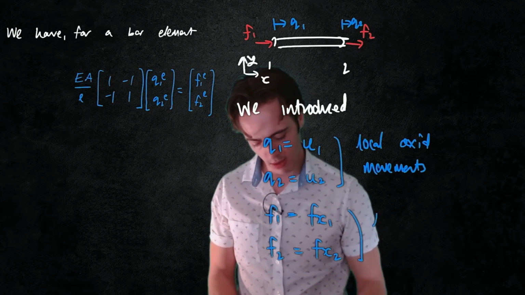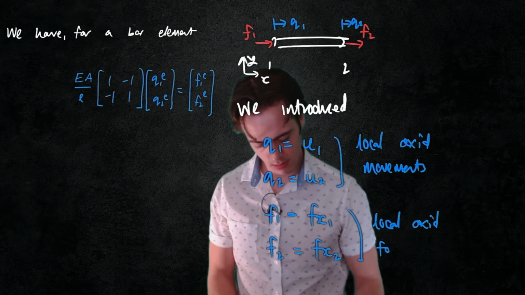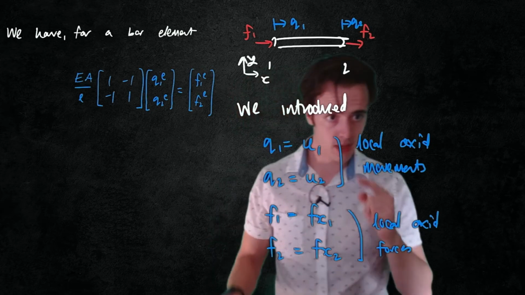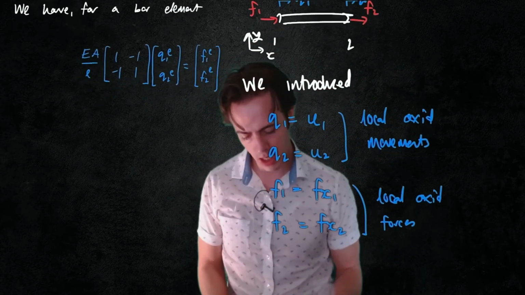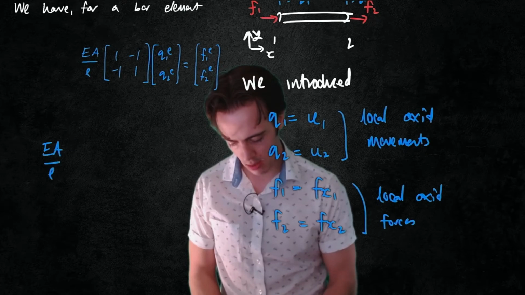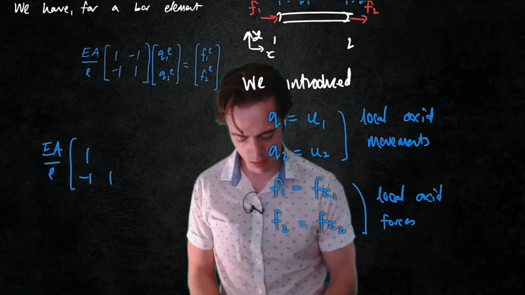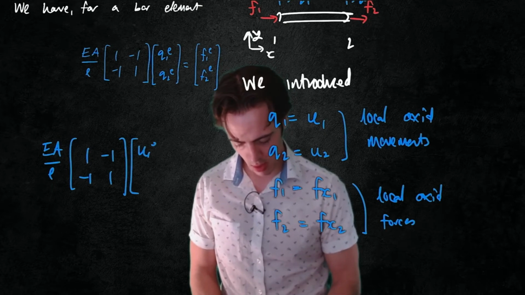These are local axial forces. So we could take what we started out with for spring elements, put this substitution in here, and we can rewrite this as EA on L, [1, 1; minus 1, minus 1], u1 for this element, u2 for this element.